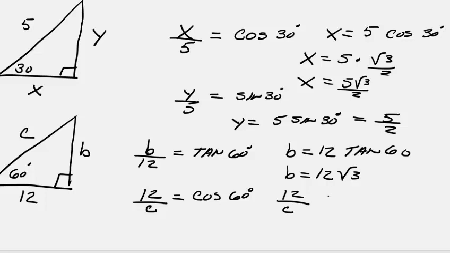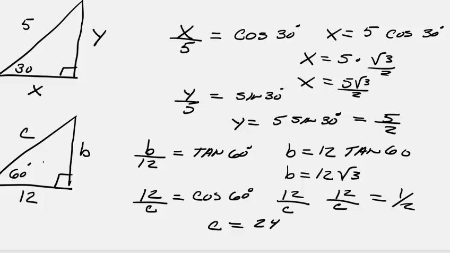So can't we say that 12 over c is equal to 1 over 2? So we use algebra. Can we not say that c is equal to 12 divided by 1/2, or c is equal to 24? Again, these would carry the same units as the 12.